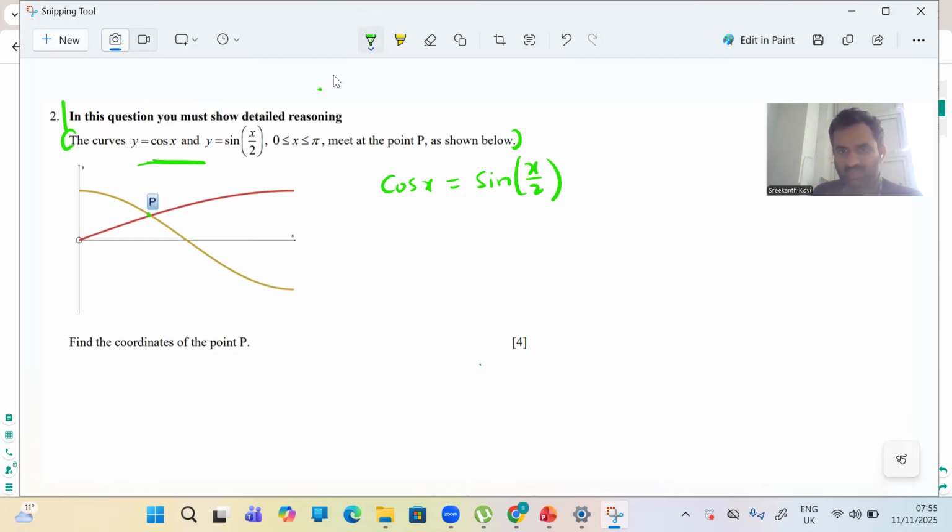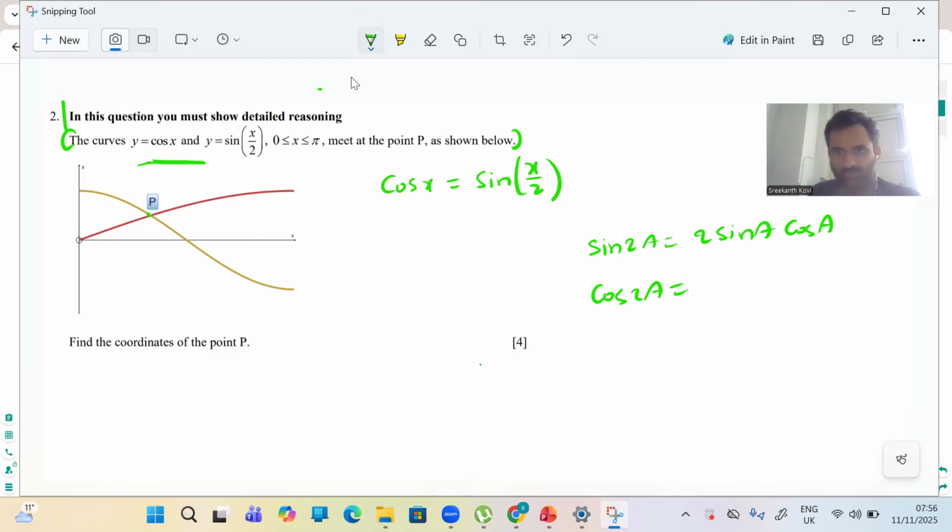The standard double angle formulas: sin 2a is equal to 2 sin a cos a, and then we have cos 2a, which has three formulas. We will use whichever formula is needed here.